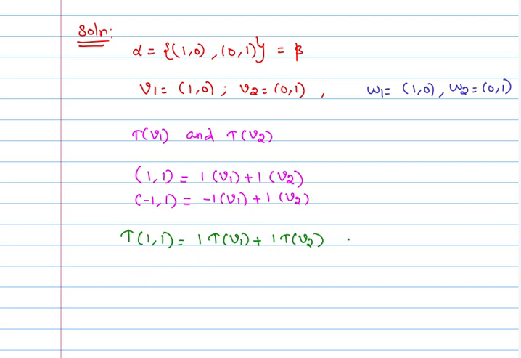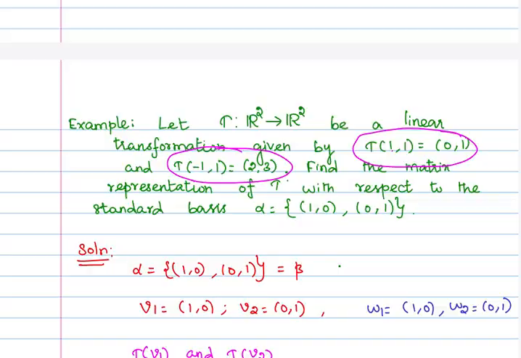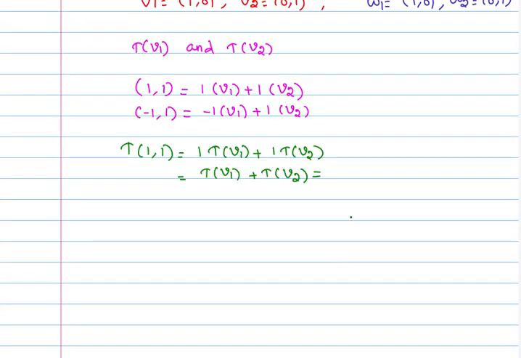T of (1, 1) is given as (0, 1), which in terms of w1, w2 is 0 times w1 plus 1 times w2, correct?